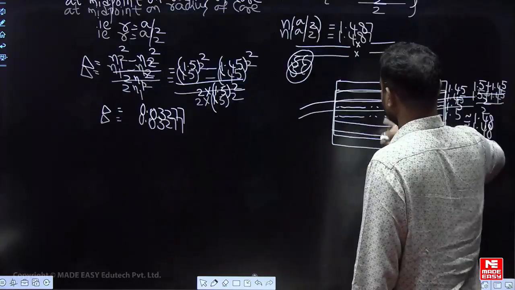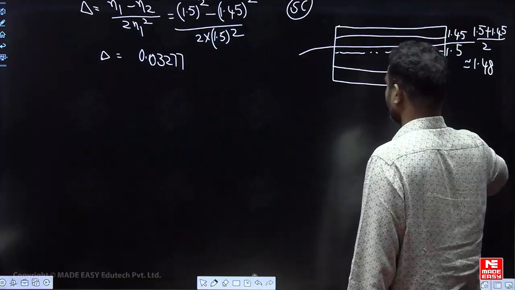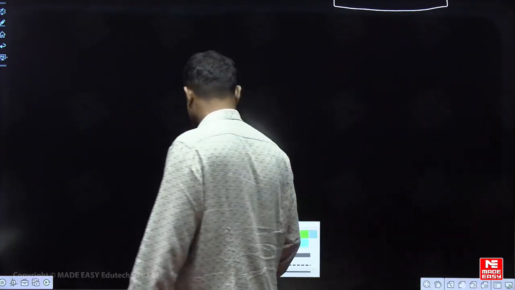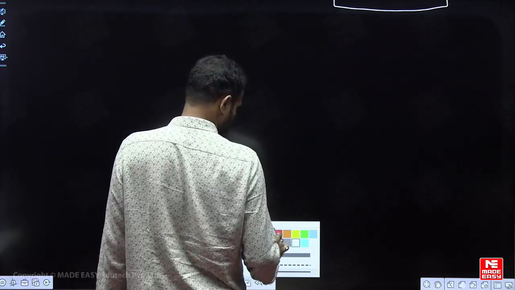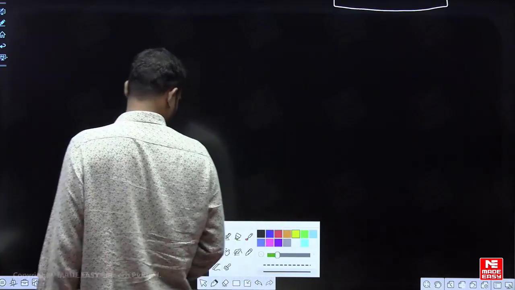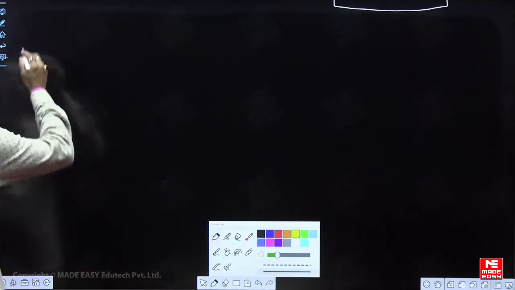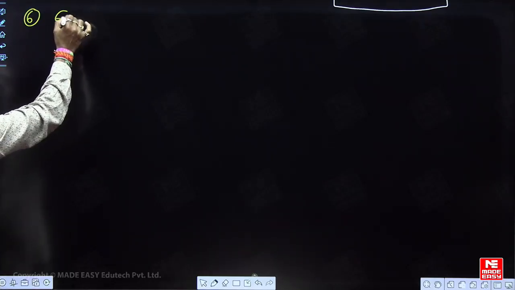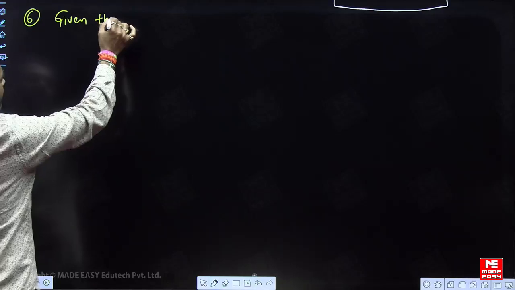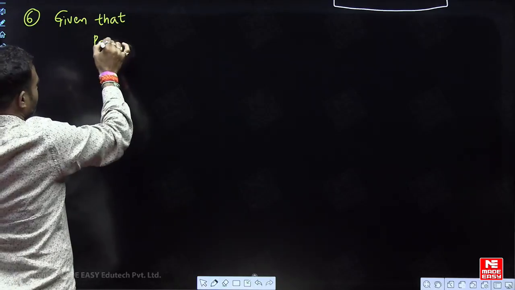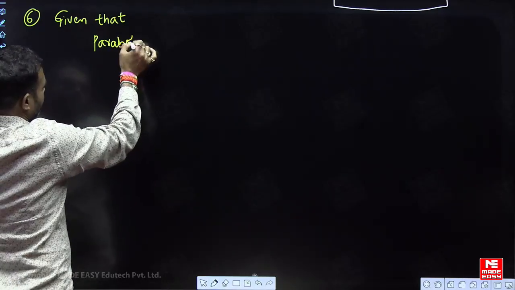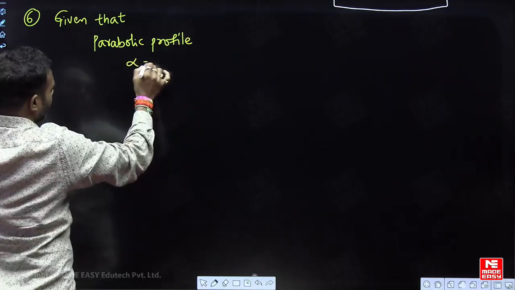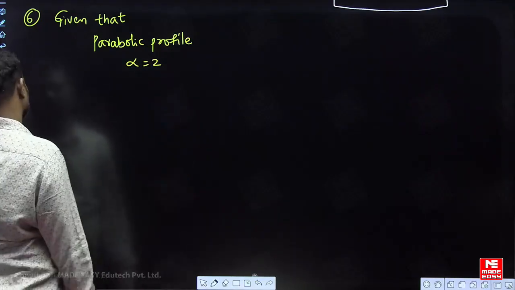Question number 6. Given that parabolic profile, alpha is equal to 2, first point.